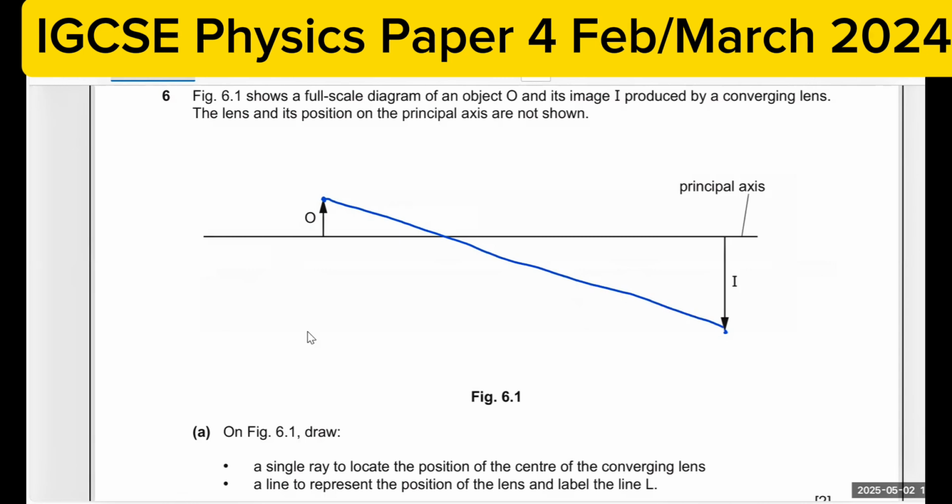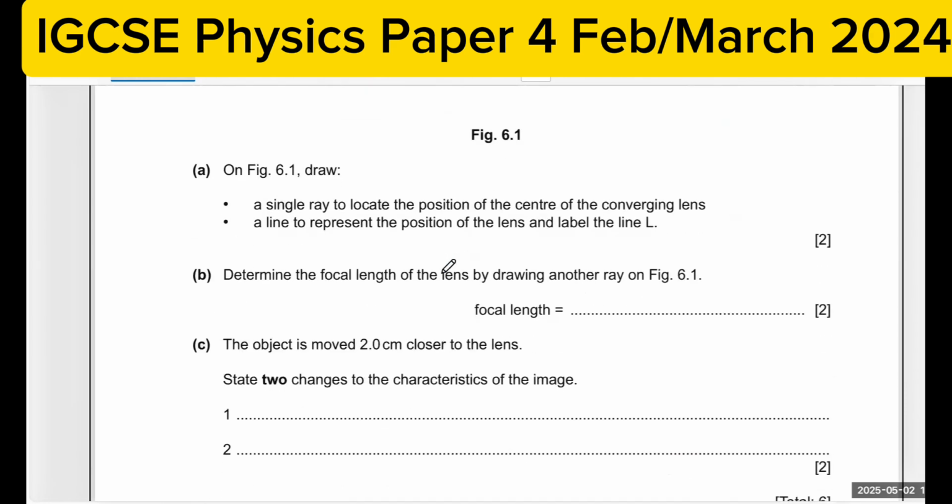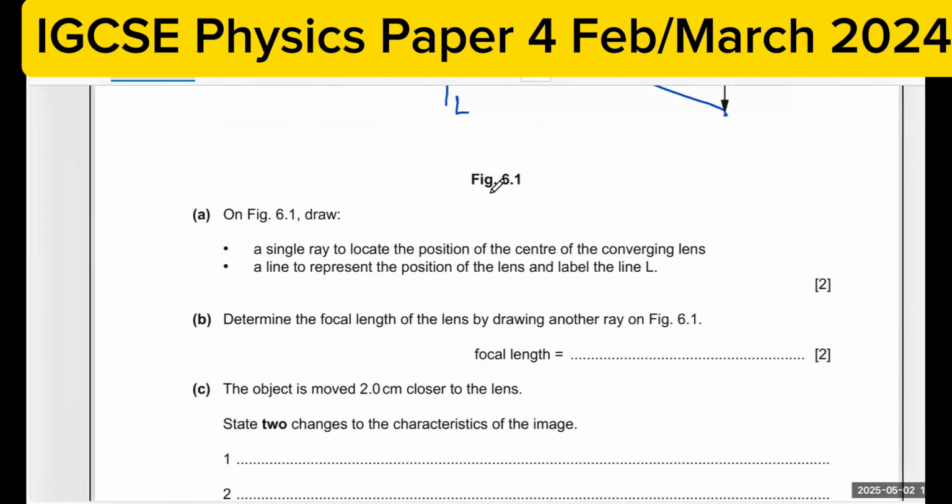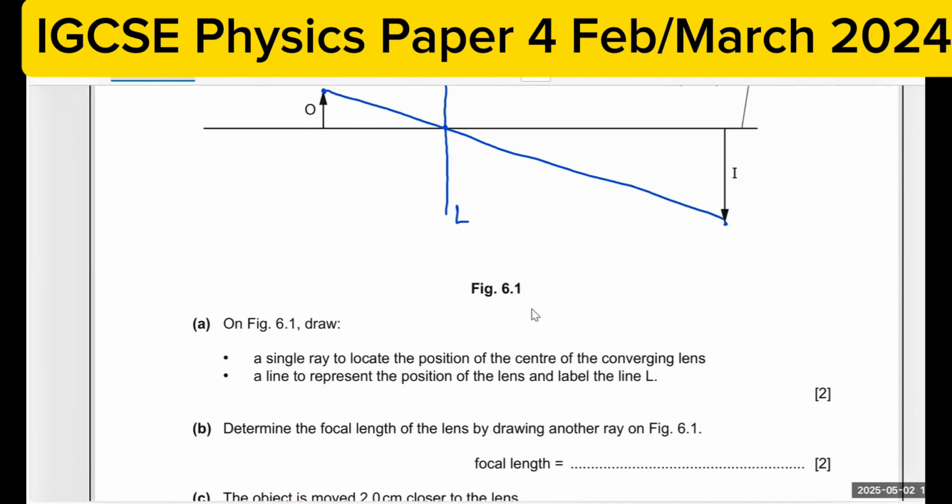Approximately, it's not accurate. So this is the position of the lens because this line is passing through the center of the lens. So I will draw the line and I will write L. So one mark for a ray through the center, and the second mark for the position of the lens.